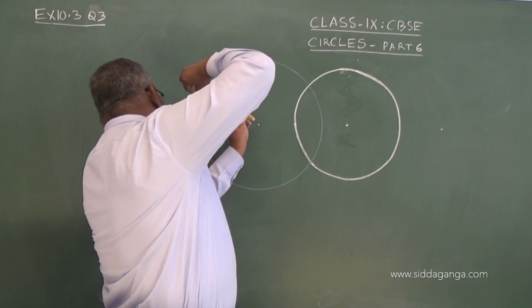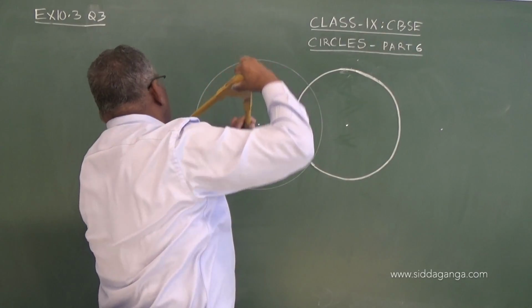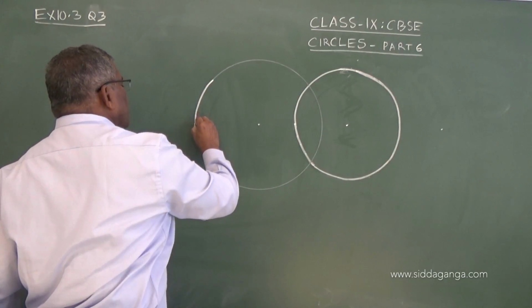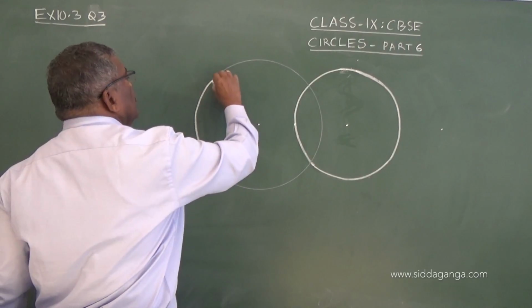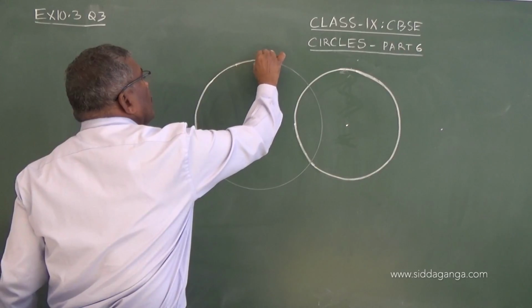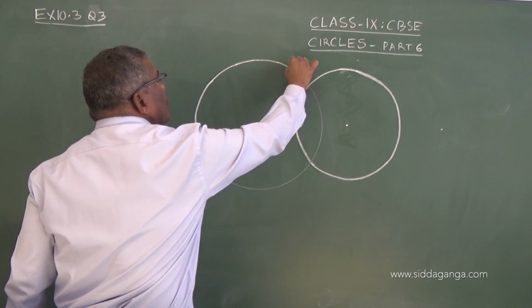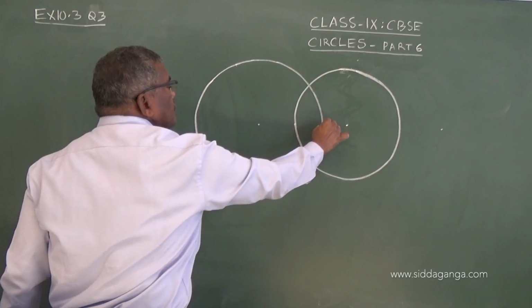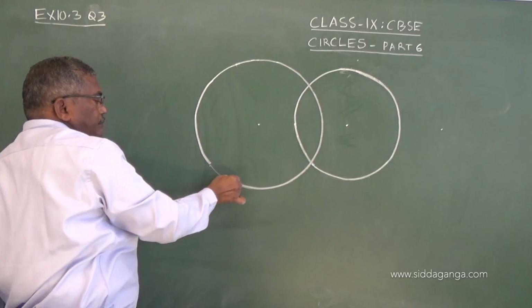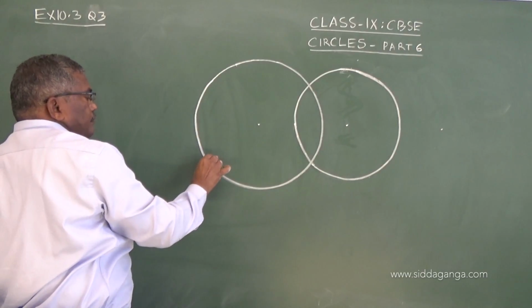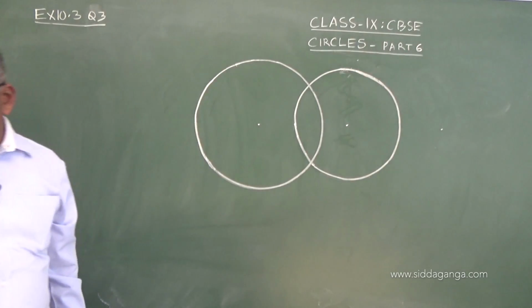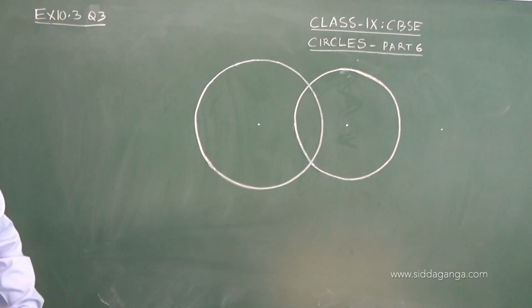Now you can see. So these are two circles. Now I hope you can see.